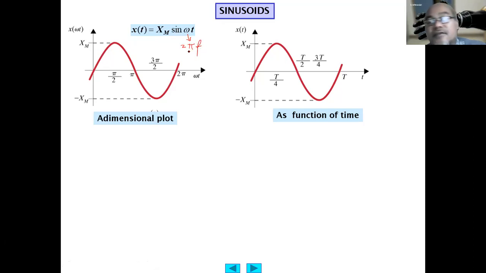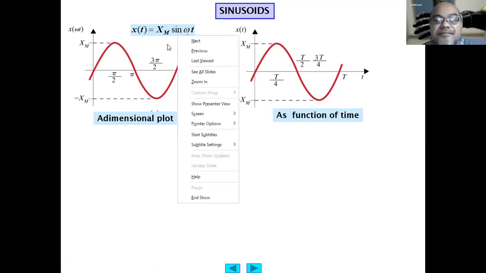Frequency is how many cycles per second. If you multiply by 2 pi, it becomes radians, how many radians per second, the phase angle in units of radian.